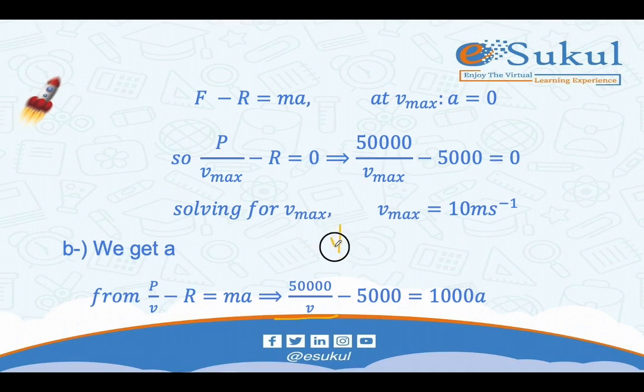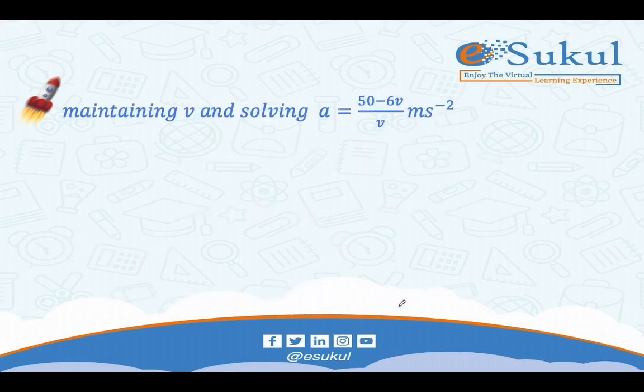From there, we can easily simplify and solve, and maintaining V, we have acceleration, which is 50 minus 6V over V, which gives us as unit meters per second squared, which is the proof on the question.